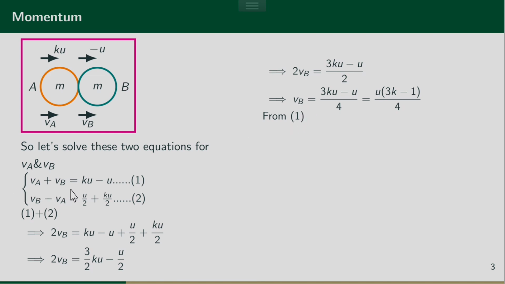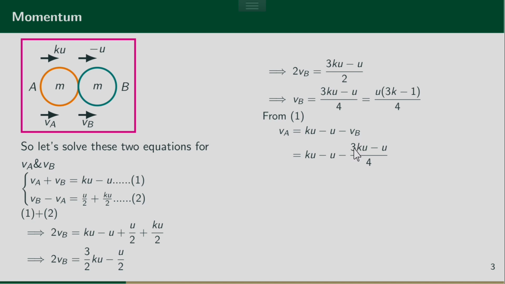Then, if I go back to equation 1, I can make VA the subject in equation 1, and VA will be equal to KU minus U. Then I send VB the other way, and I have minus VB. So I know the value of VB. Let me just substitute and simplify everything to obtain VA. When I substitute, I have this. Remember, this negative sign would distribute amongst all the terms in this numerator.